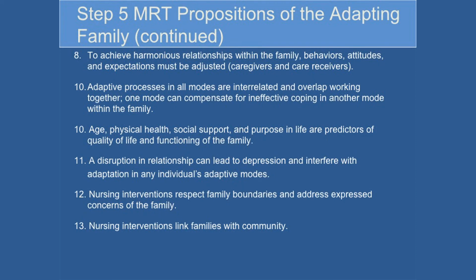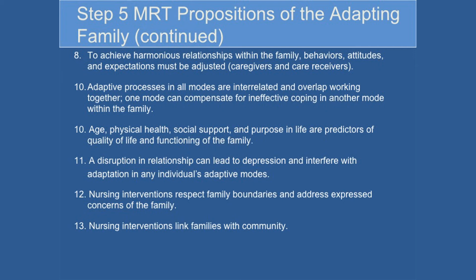To achieve harmonious relations within the family, behaviors, attitudes, and expectations must be adjusted. That was particularly in studies of relating caregivers and care receivers. Adaptive processes in all modes are interrelated and overlap, working together. One mode can compensate for ineffective coping in another mode within the family.